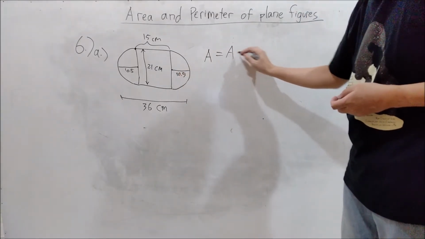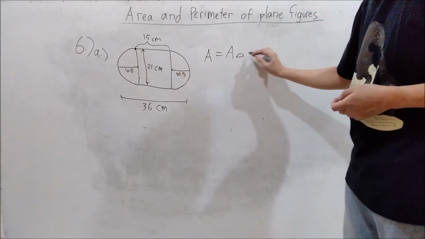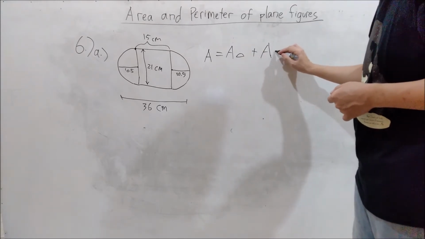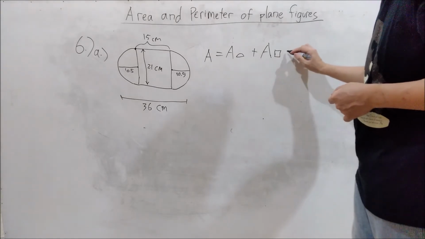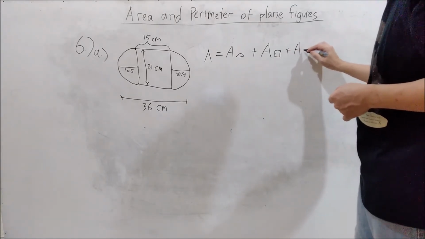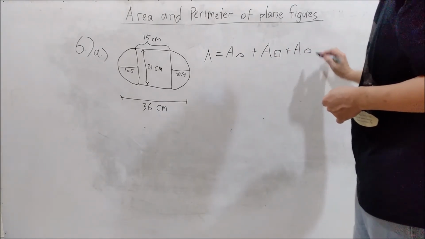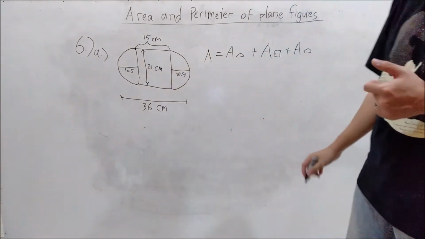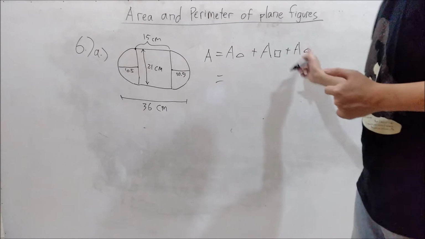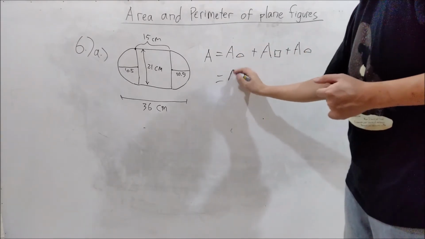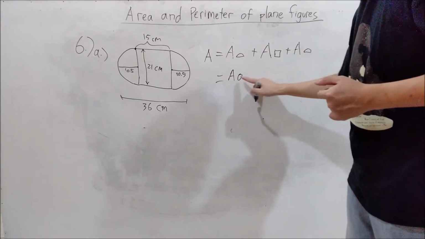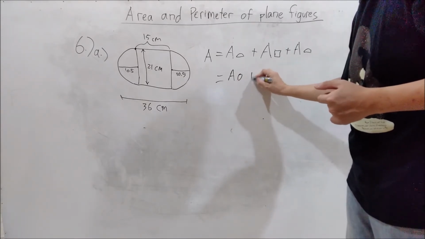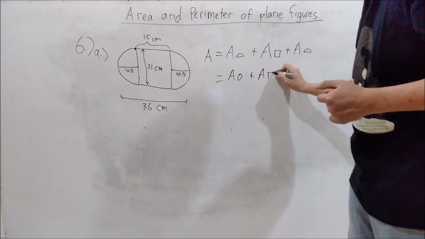We can write it like this. Since we know that these two semicircles are the same, we can just add them up to become the area of the circle, plus the area of the rectangle.